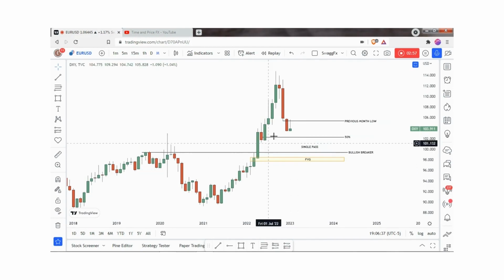So we had a single pass going up, so now I expect a full candle going down to close this entire range over here. That is why I marked it as a single pass. I do not want to give it any other fancy names that I've seen my mentor give it, so I like to just keep it local, just to myself and what I prefer to name these important levels.